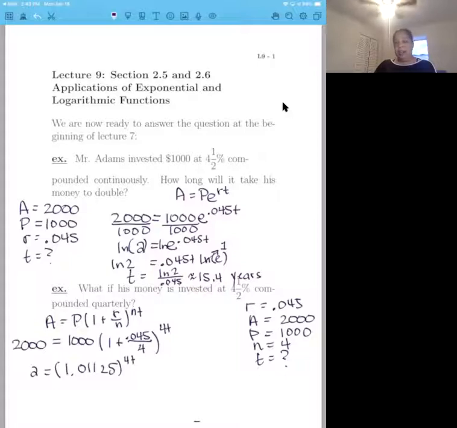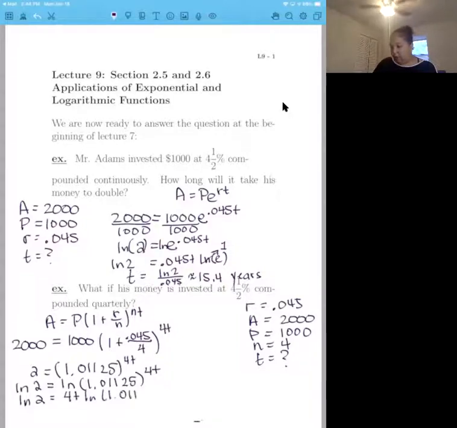Now, I'm going to take the natural log of both sides because I want to solve for t, and I need to bring 4t down in front. So I have the natural log of 2 is equal to the natural log of 1.01125 to the 4t. I bring the 4t out in front, times natural log of 1.01125. And I'm solving for t.